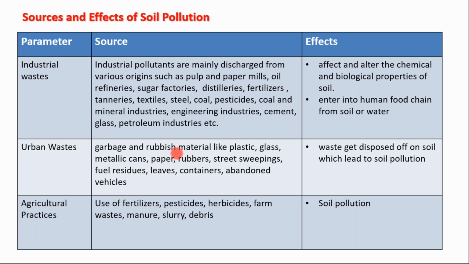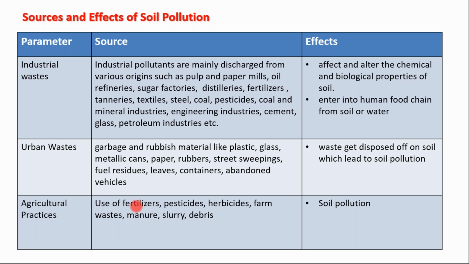These wastes get disposed of on soil, which leads to soil pollution. We can easily understand this urban waste from our day-to-day observations in urban areas as well as in villages nowadays.